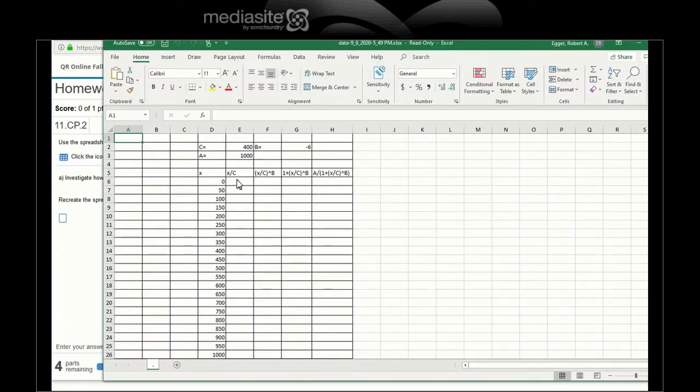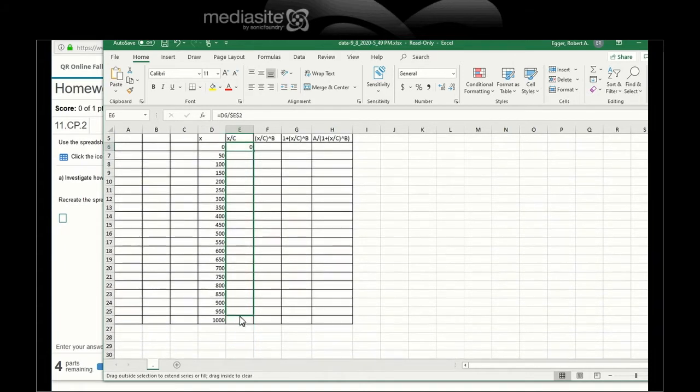In cell E6, I'm going to want x divided by c. And recall, we want to anchor that location. Then drag this down to populate the rest of it.